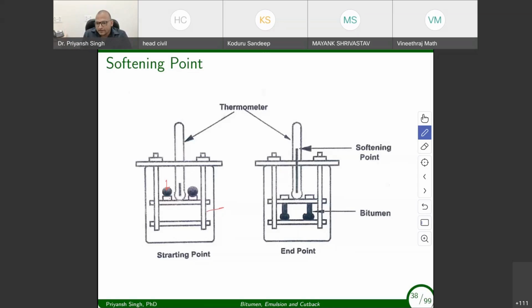And you note down the temperature when this ball touches this lower datum or lower platform. This temperature indicates when your binder will attain a certain specific viscosity.